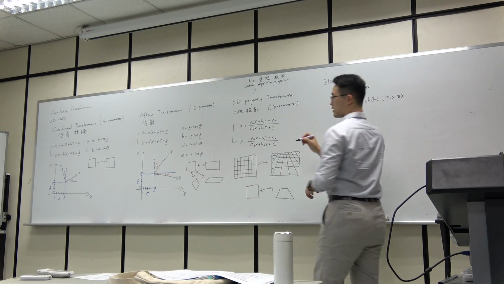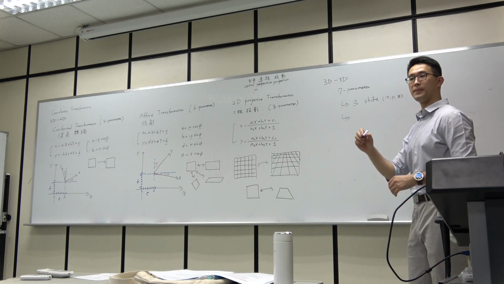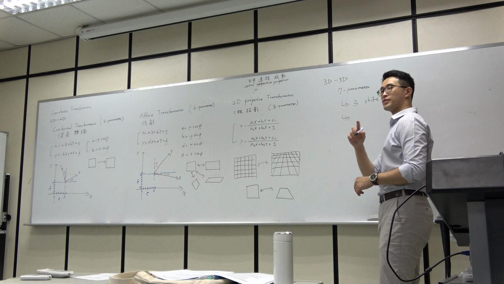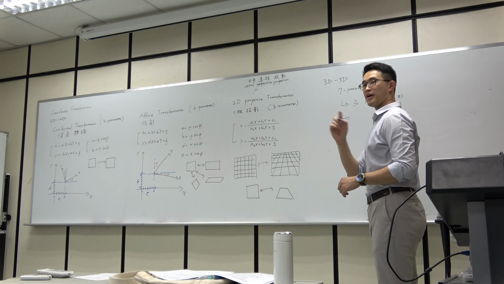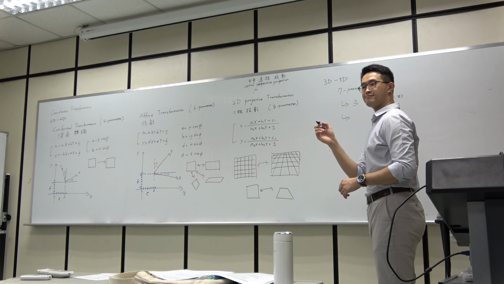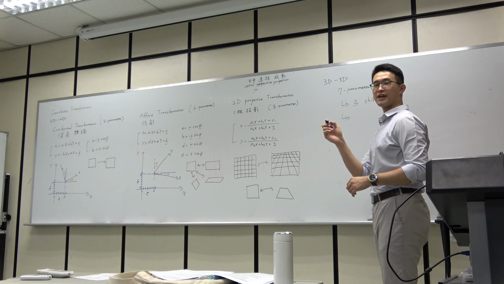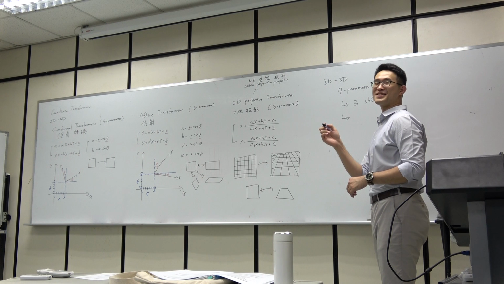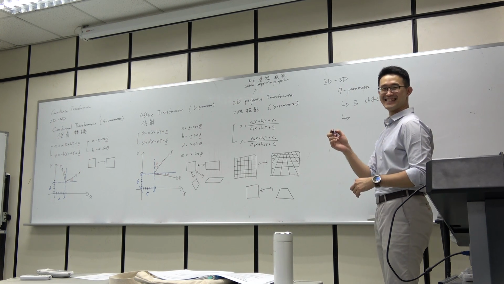Scale. How many do you need for scale? 3. So 3 for scale. Yeah. Then what else? Angle. How many do you need for angle? Maybe it's also 3. Then it should be 9 parameters, right?